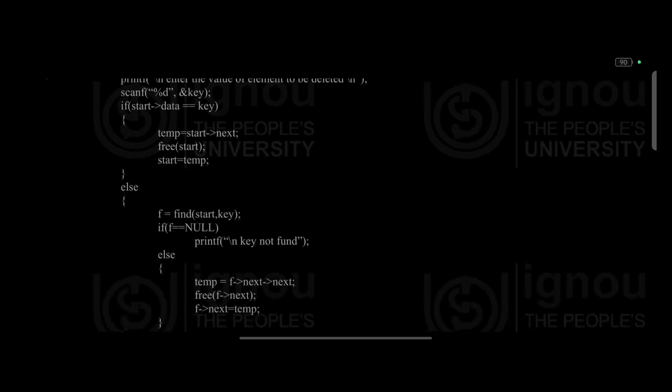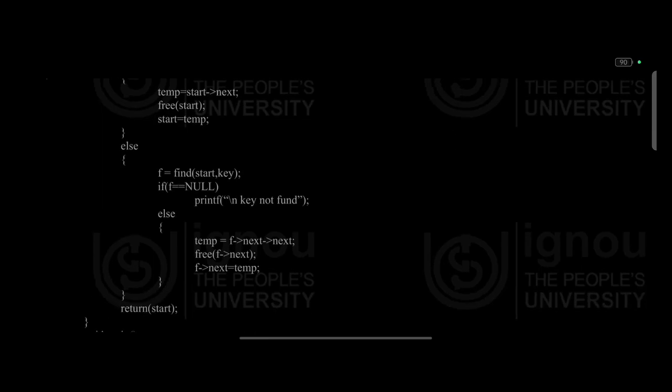Else f = find(start, key). If f == NULL, printf("key not found"). Else temp = f->next->next; free(f->next); f->next = temp.